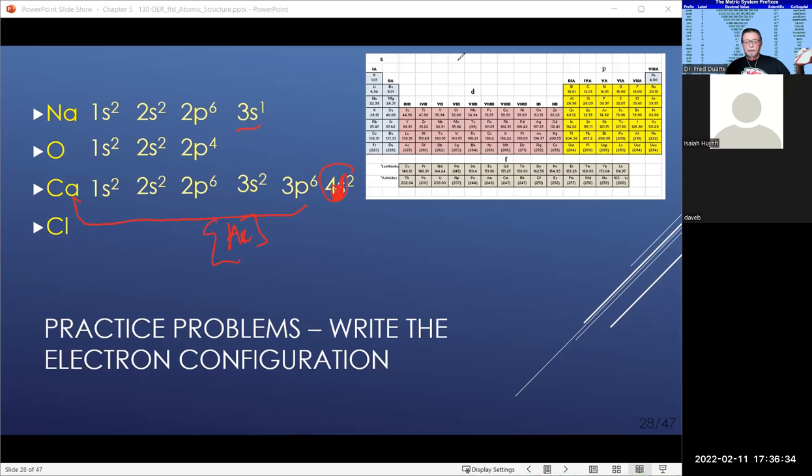Clear. Then we have chlorine, which is again 1s2, 2s2, 2p6, 3s2, 3p5. Chlorine, as is the case with oxygen, has the capability of gaining 1 electron because it's got 1 spot empty there in the p orbital.